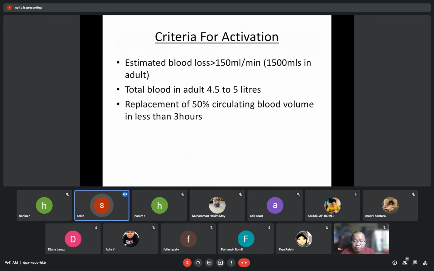Right, so the criteria for activation of MTP is blood loss of more than 150 ml per minute, or 1.5 liters in an adult. 150 ml per minute is like a cup. In an adult, the normal amount of blood is 4.5 to 5 liters. And the transfusion is a replacement of 50% of circulating volume in less than 3 hours.